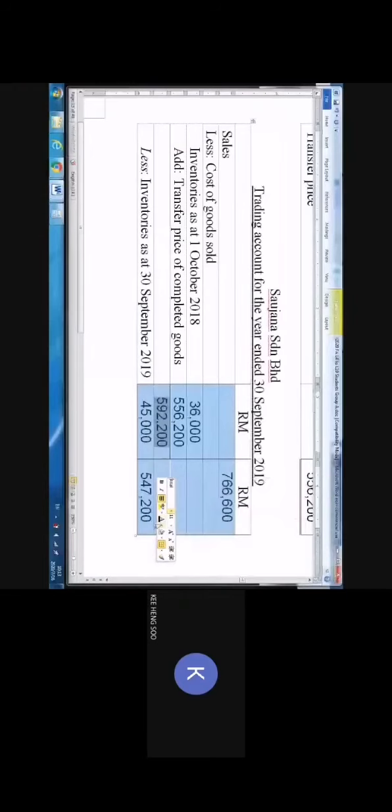So go back to my trading account. This one I already filled for you. I didn't delete it. See, this one is the transfer price. This one also transfer price. Inventory at transfer price, finished goods also transfer price, closing also transfer price. So this figure will be higher.